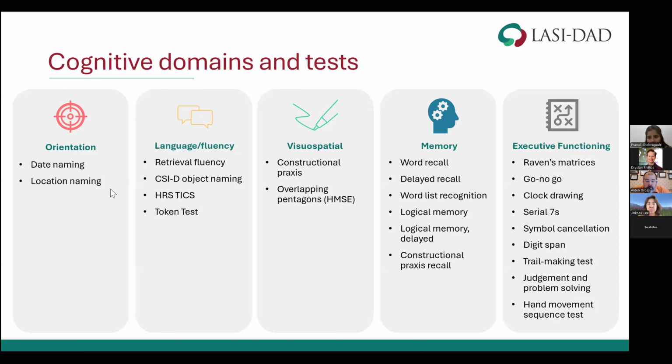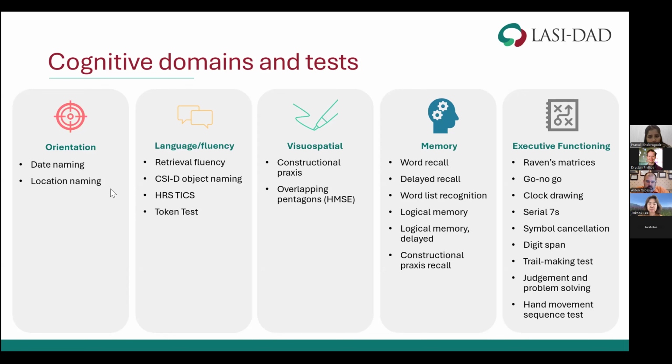Here are the 5 cognitive domains that were assessed, along with the corresponding tests in the LASI-DAD. First, in orientation, we try to assess respondents' orientation to time and place. In language and verbal fluency, we evaluate expressive and receptive language skills. Here are tests like retrieval fluency, CSID, object naming, HRS tics, and token test.